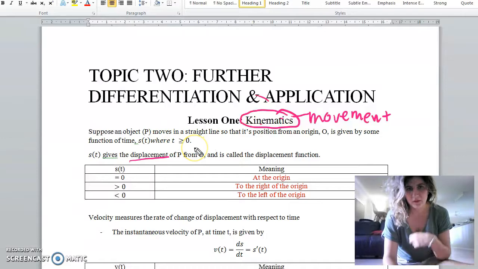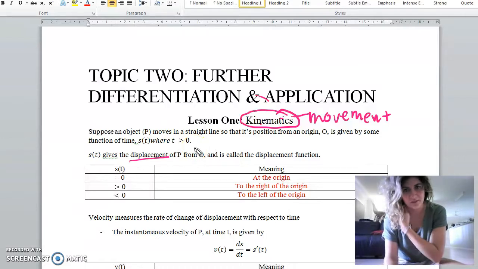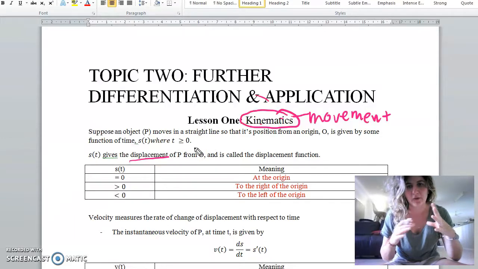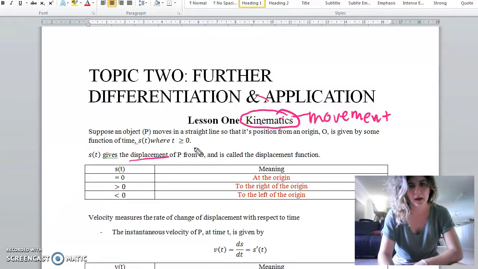When we're talking about the displacement of something, we just mean whereabouts it sits on a graph or in a function. The three things you have to know about position: if your position is equal to 0, you're at the origin or your starting point.